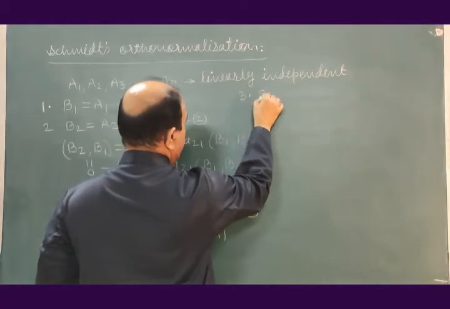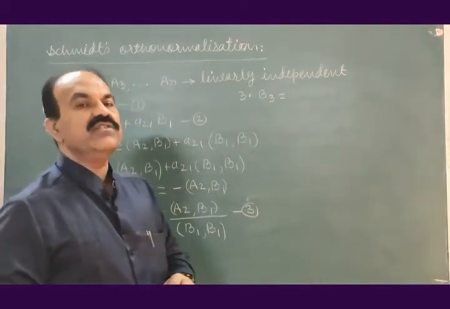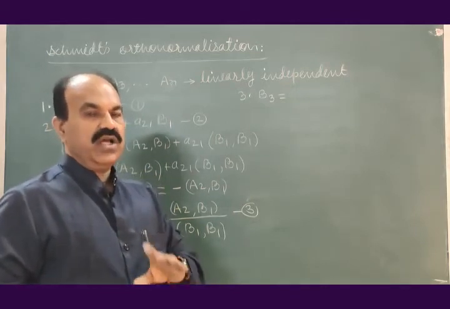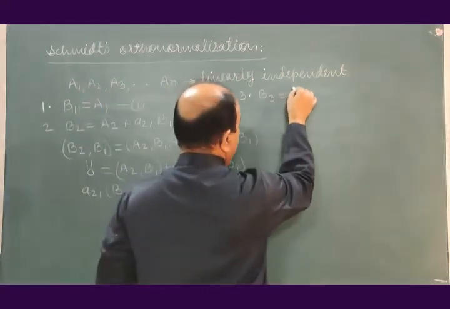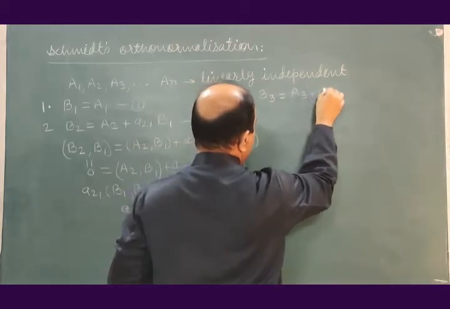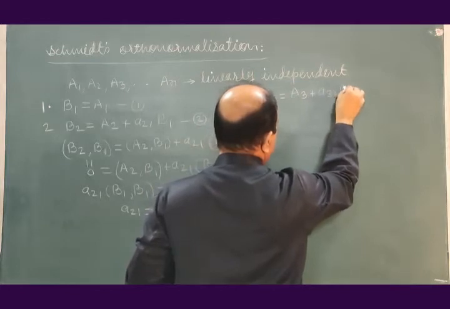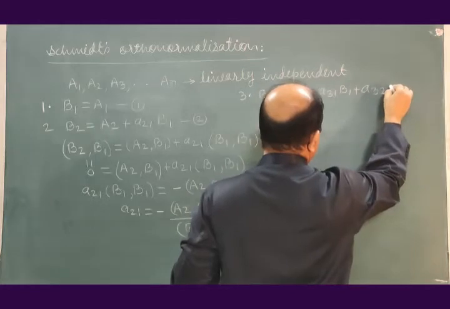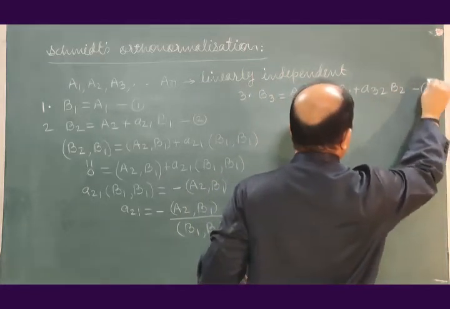In step 3, we shall find b3, the third vector from the set of n number of orthogonal or orthonormal vectors, and this will be b3 is equal to a3 plus a31 b1 plus a32 b2, equation number 4.